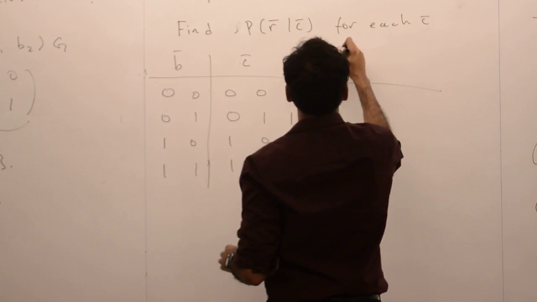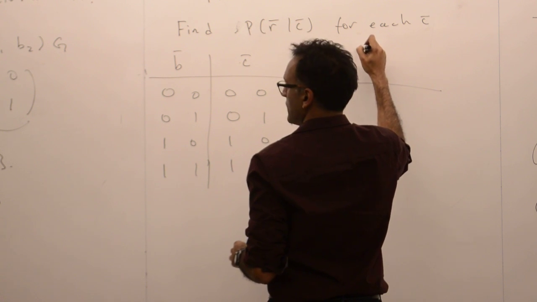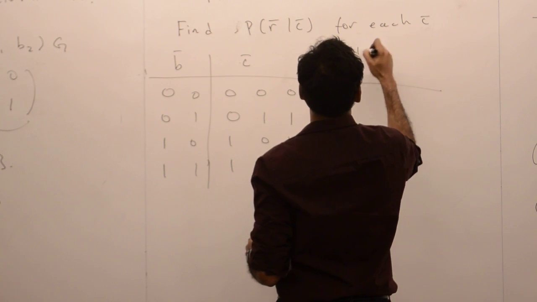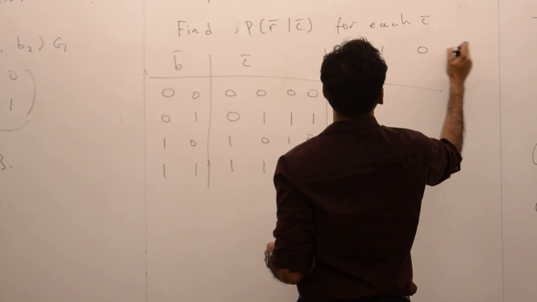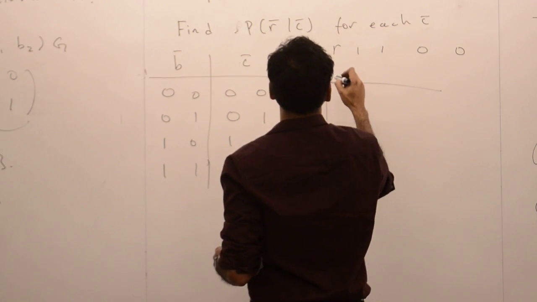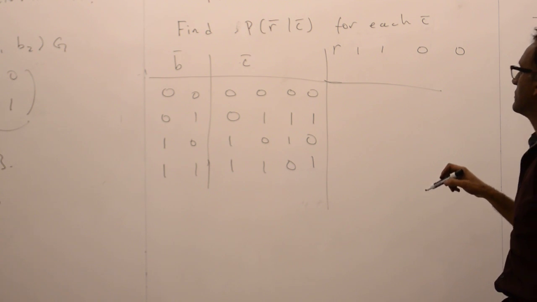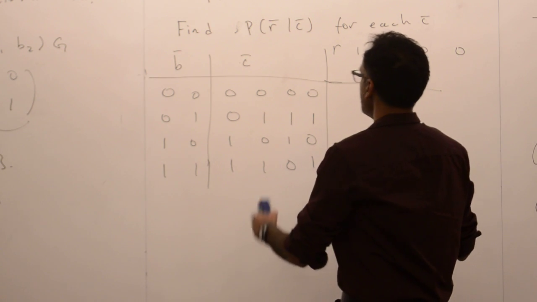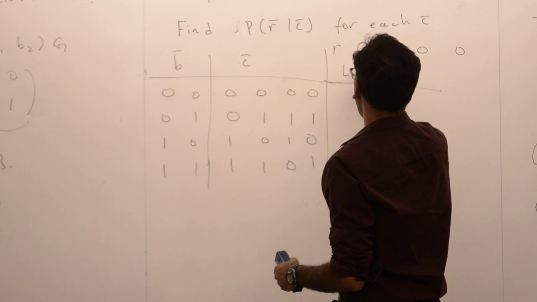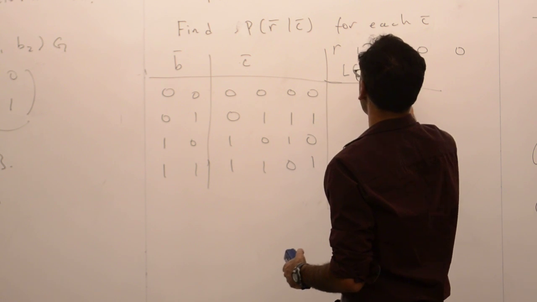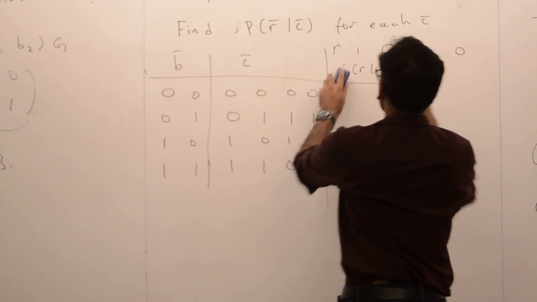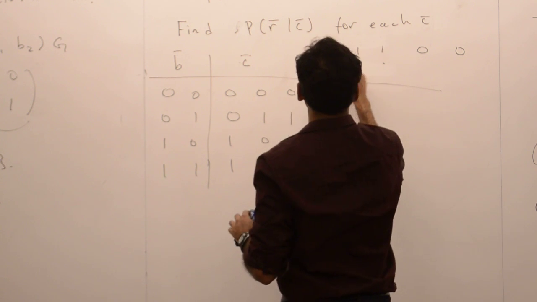I put my R here so I can remember. It's 1, 1, 0, 0. And the likelihood will be L of R given C, or P of R given C.